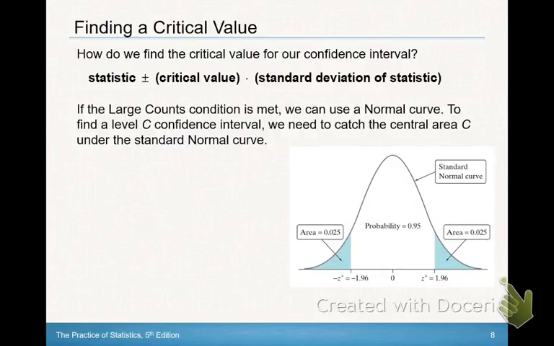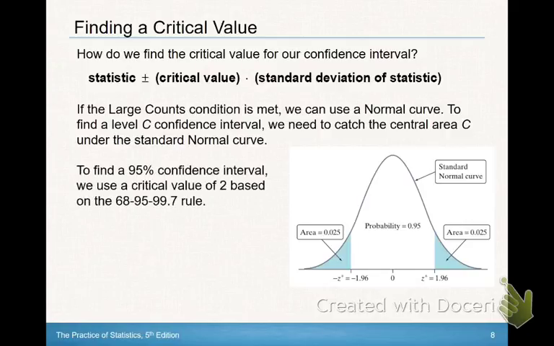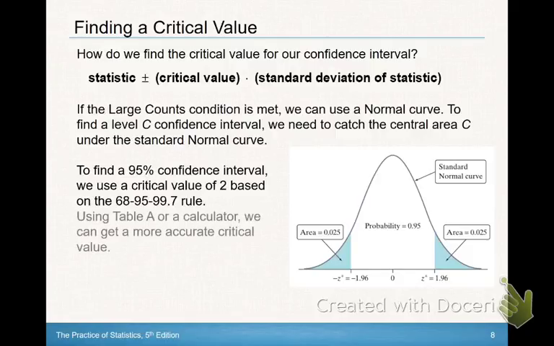So, how do we find the critical value for our confidence interval? If the large counts condition is met, we can use a normal curve. To find a level C confidence interval, we need to catch the central area C under the standard normal curve. So in this example, if we want a 95% confidence interval, inside of our normal curve, this is 95%.